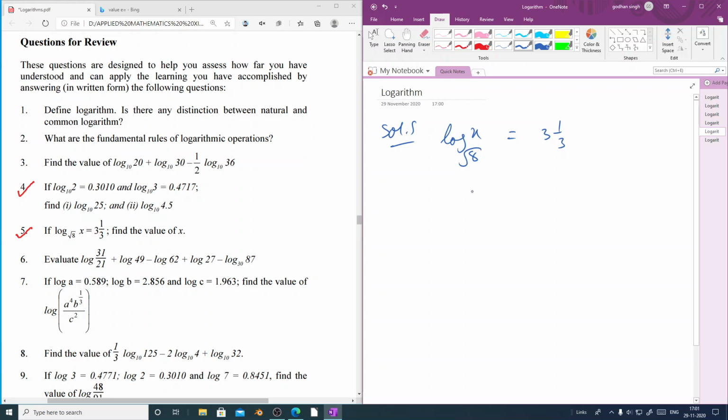So here the final value is given, the power which is to be applied on root 8, that is 1 by 3. Therefore we will be getting root 8 raised to 1 by 3 equal to x.